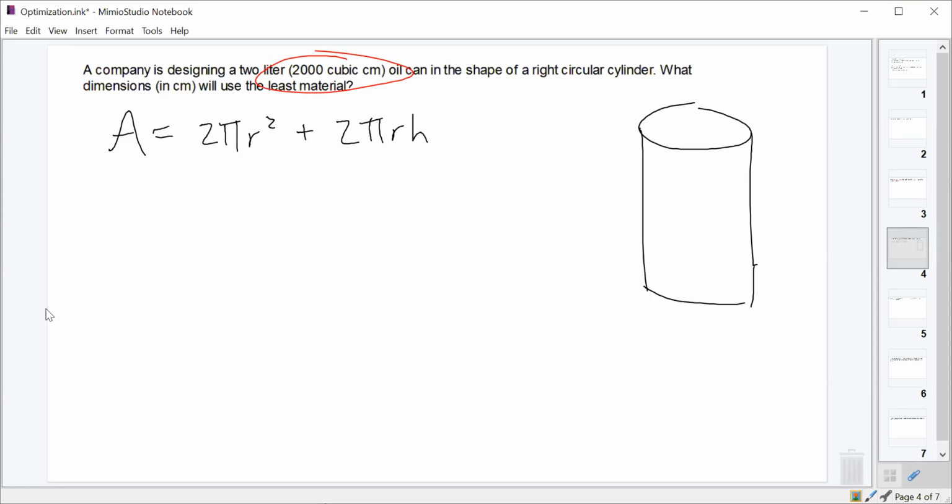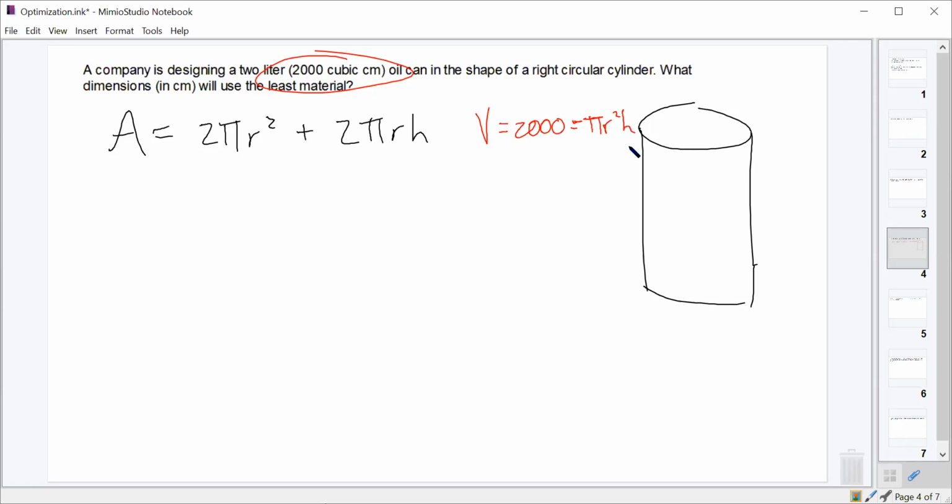Our volume is 2,000. And what's the formula for volume of the cylinder? Yeah, pi r squared h. So we should be able to use that to relate the radius and the height to each other.